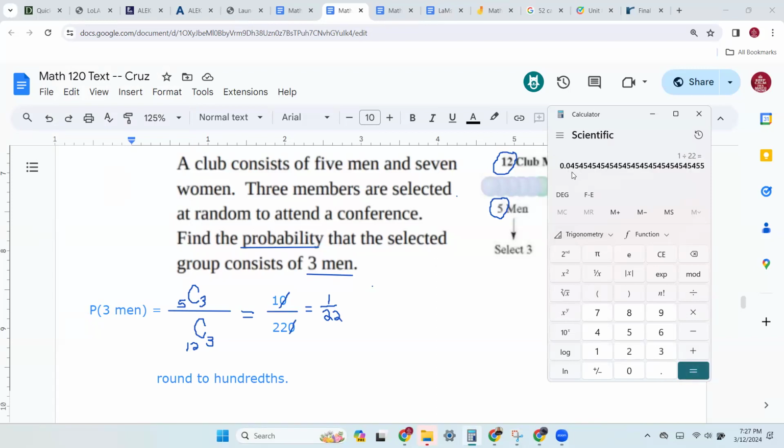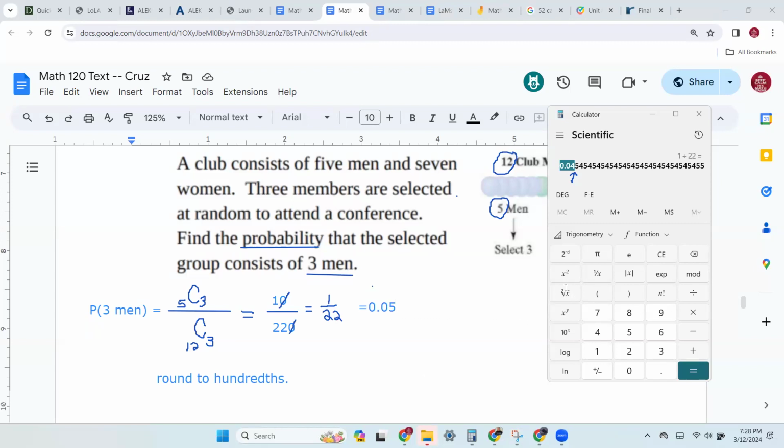And then that's going to give us this. And so we're rounding off to tenths, hundredths. So we're rounding off to this second spot. So we go immediately to the right. That's 5 or above. So it bounces this up to 0.05.